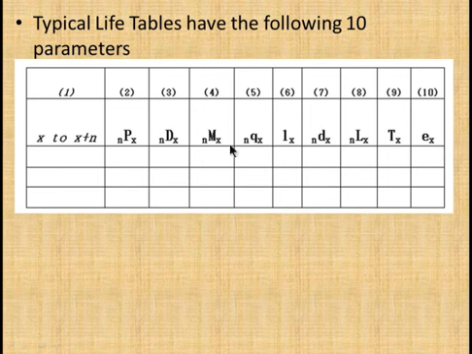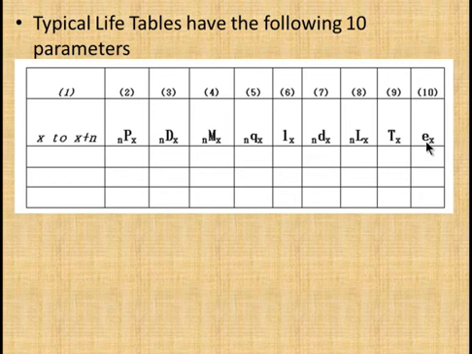But we are using the current age specific death rates. So this is a real life population. We are taking the measures and applying them to the hypothetical population to help us estimate the expectation of life.